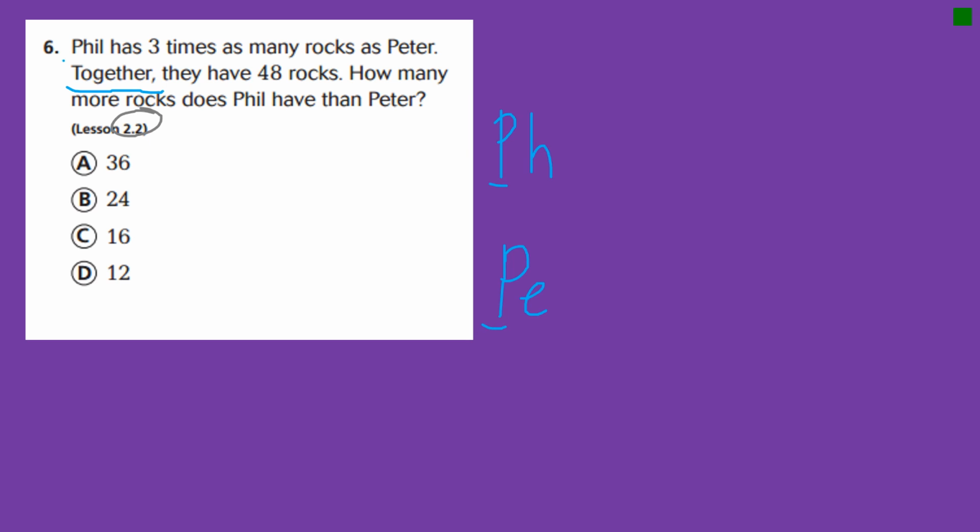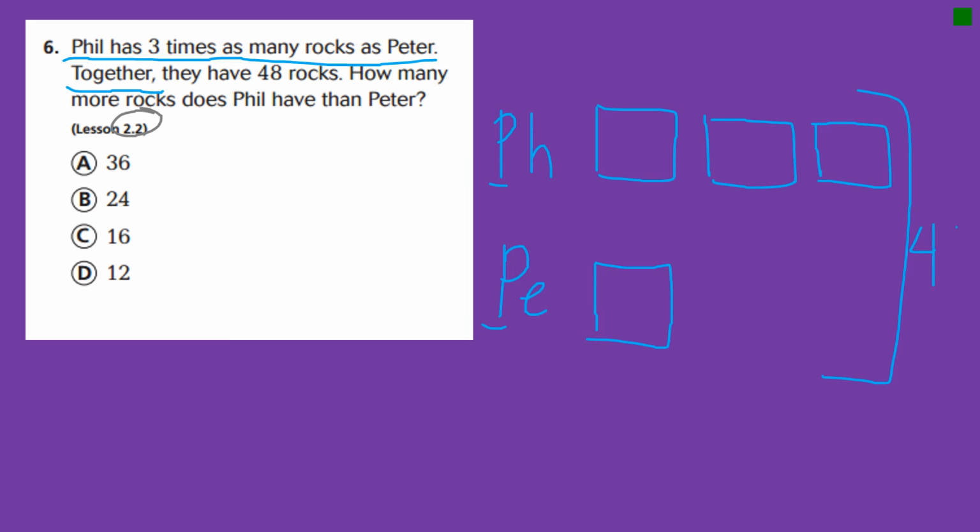Right up here, Phil has 3 times as many as Peter. And then together, they have 48. Okay, so these boxes represent equal sets of an unknown number right now, right?